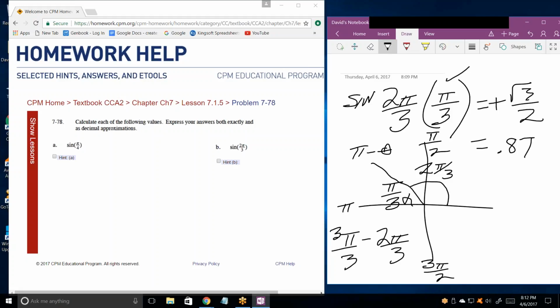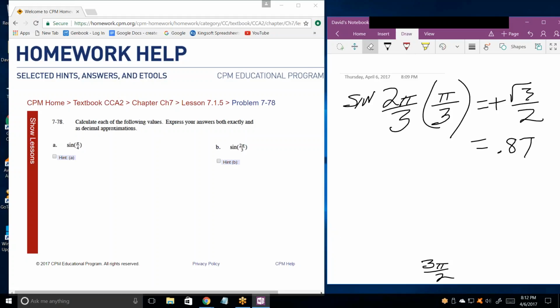Okay. Now, I write this in a rather peculiar way. I don't want to say that the sine of 2 pi over 3 is the same as the sine of pi over 3. In other words, I don't write it like this, because sometimes it isn't the same. My intention here is to tell you what the equivalent first quadrant angle is, and so I put it in parentheses.